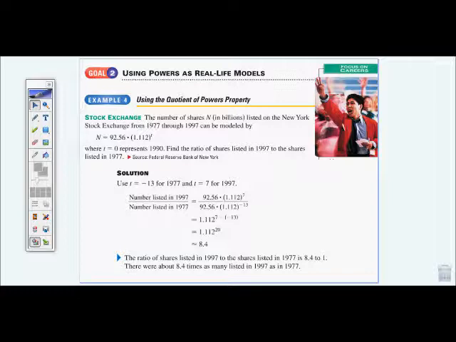So we need to find the ratio of shares listed in 97 to the shares that were listed in 1977. To do this, we're going to use T. It's going to be a negative 13 for 1977, and T is going to be 7 for the 1997. Now, where did they get those terms?